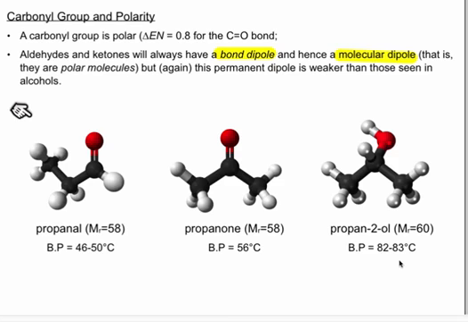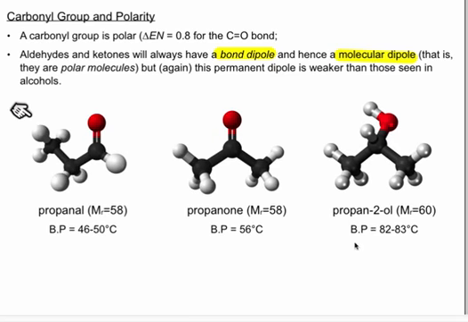That said, the boiling point is going to be lower than an alcohol. And the reason for that is the type of intermolecular force. Because this is a polar bond, you have polarity, but that type of intermolecular force between molecules is known as the dipole-dipole force.